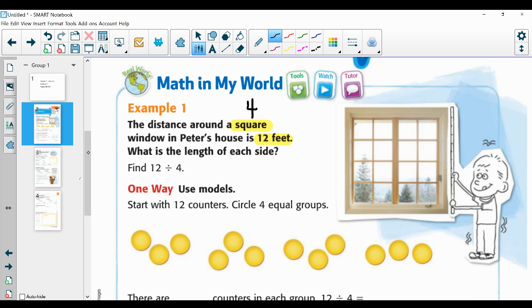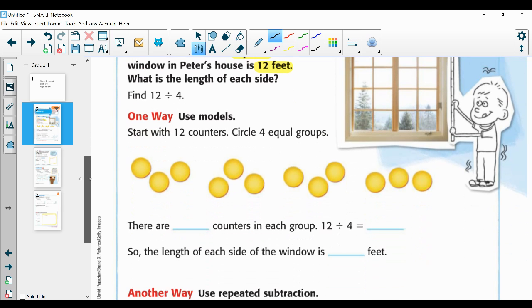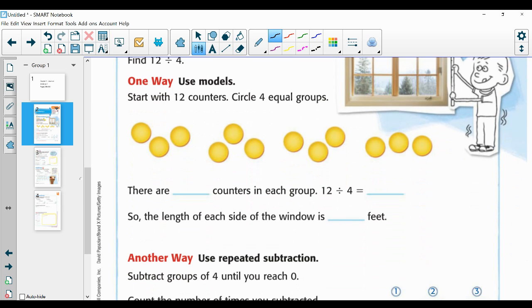So one of the ways to do it is to use models. So you start with 12 counters. We're going to circle 4 equal groups. They've kind of already done the work for us, okay? So we don't have to do one for me, one for you. You can kind of see that this is already in 4 equal groups.